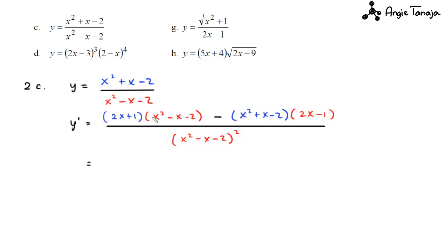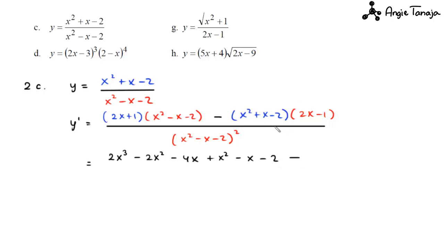Okay, so this will be 2x cubed minus 2x squared minus 4x plus x squared minus x minus 2. And then minus this, right?